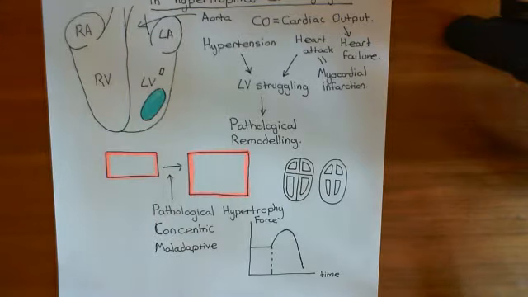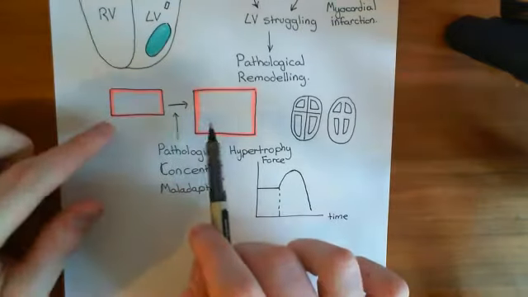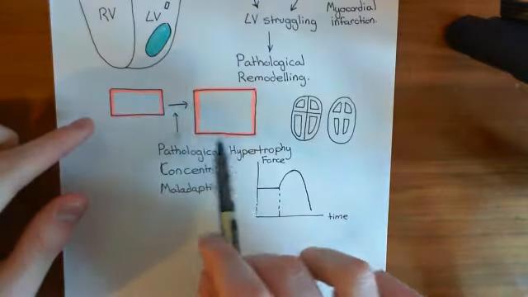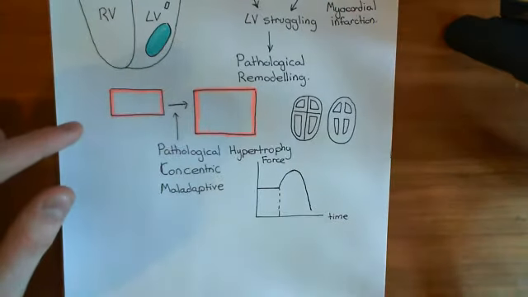Right, okay, so let's now discuss why in pathological cardiac hypertrophy these cells lose the ability to contract. They lose the force that they generate when an action potential stimulates them to contract.